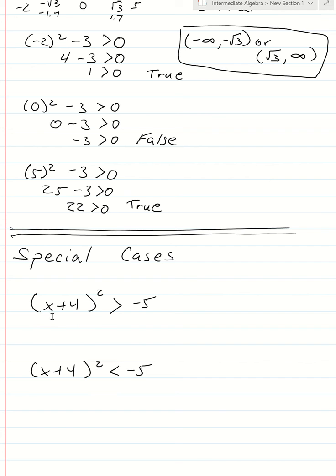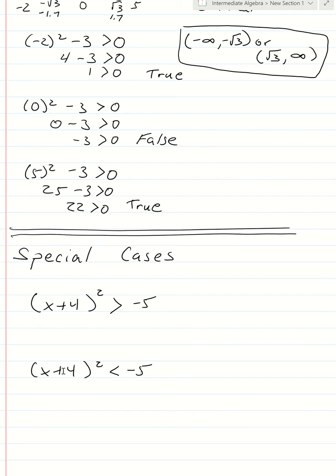If you were to plug in random numbers, any number that you could think of for x, and then add 4 to it, and then square that number, what kind of number would you get? Well, you would always get a positive number. For example, if I plugged in the number 2 for x, 2 plus 4 would give you 6.